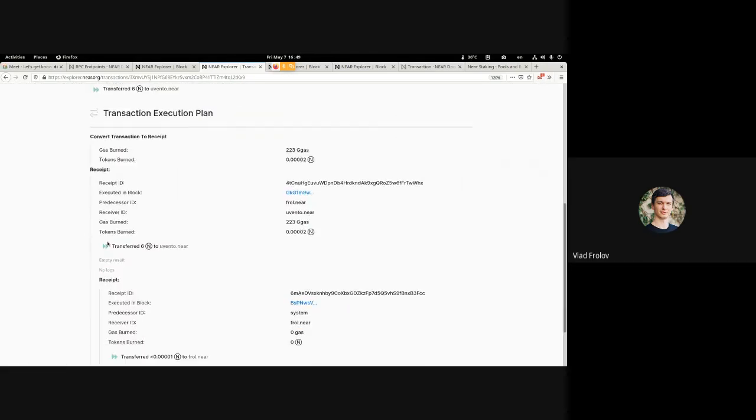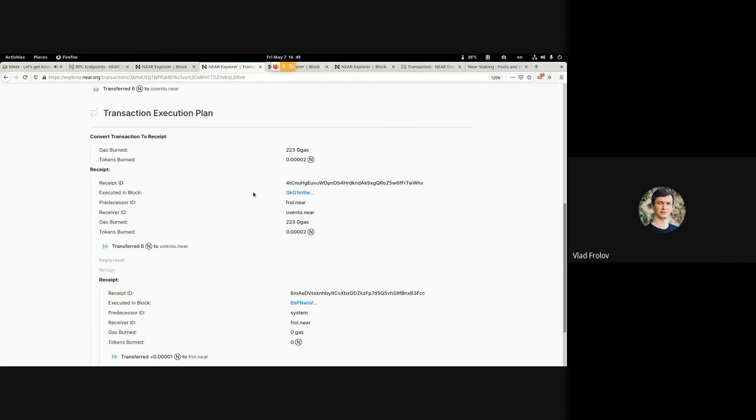So what basically happens is that every transaction converts to a receipt, and this first receipt has the same set of actions as the initial transaction. That is happening all the time. It's exactly what's going to happen with the execution.